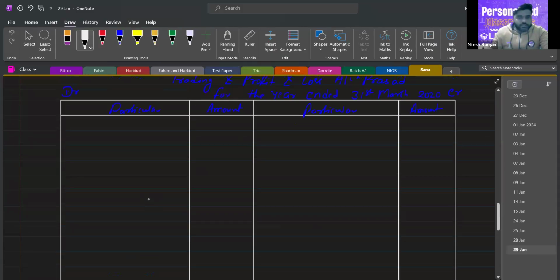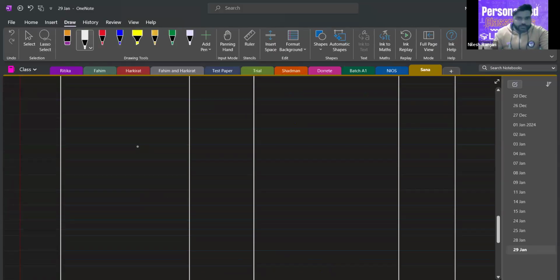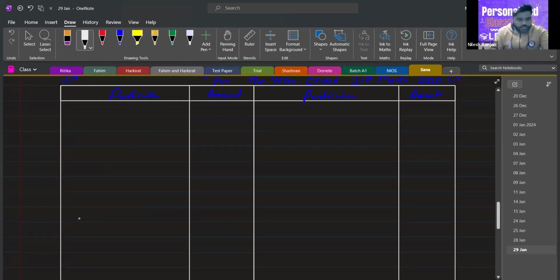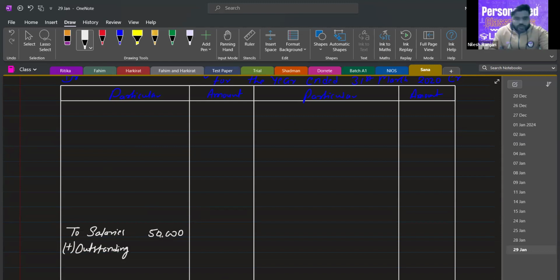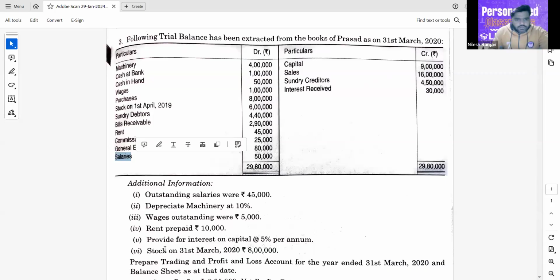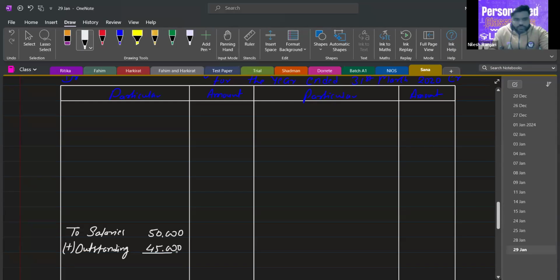Salary is written in the profit and loss account, so we write: to salary 50,000 plus outstanding 45,000. Total is 95,000.